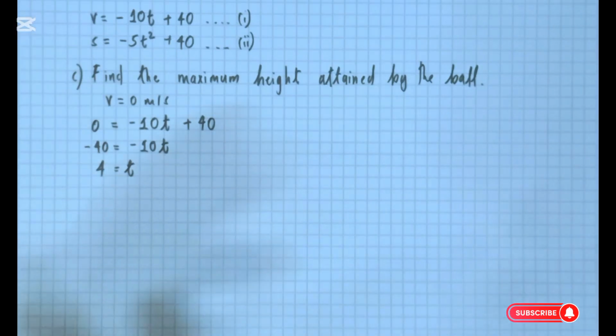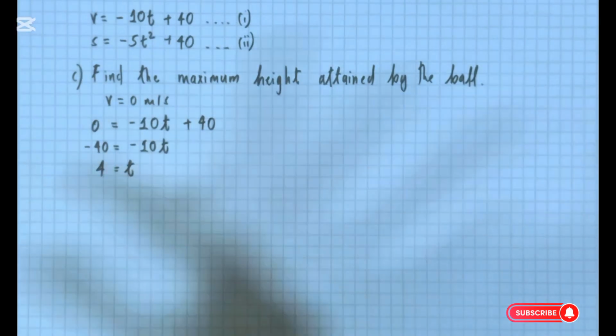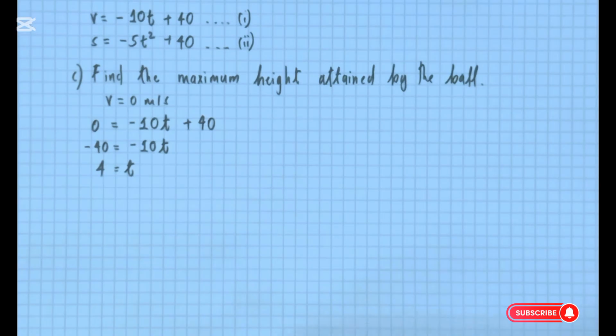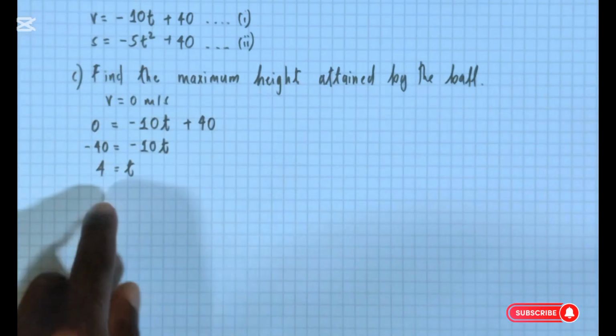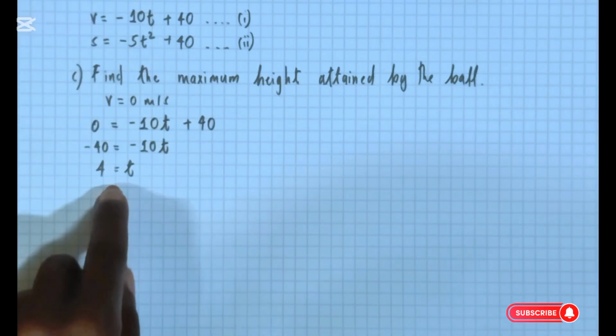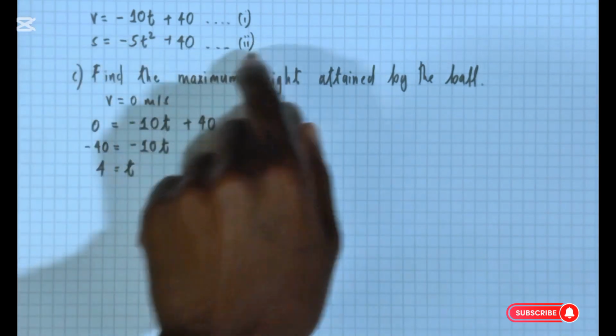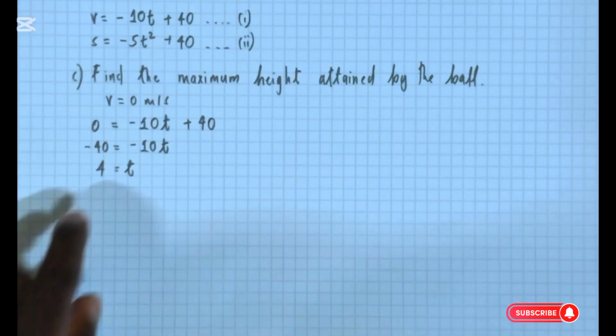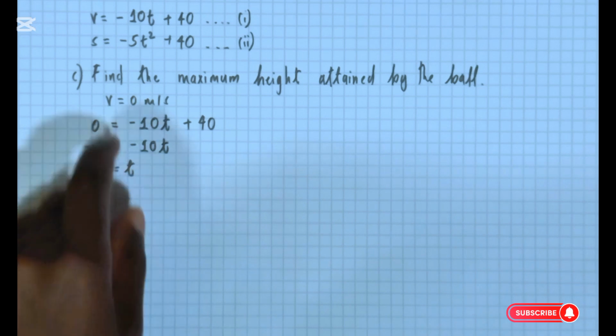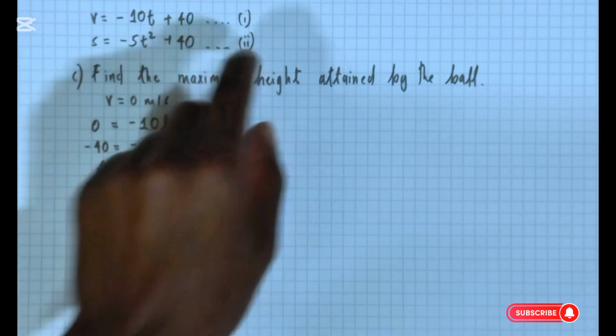If we know the time when the ball reached the maximum height, then it becomes easy for us to find the maximum height. We just substitute 4 into the expression describing the height of the ball after projection. Wherever we have t, we use 4 from question 2.